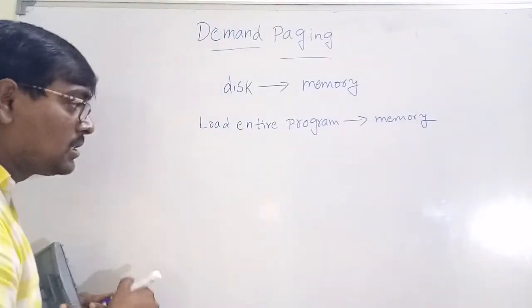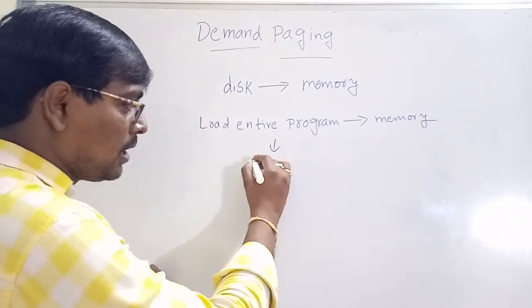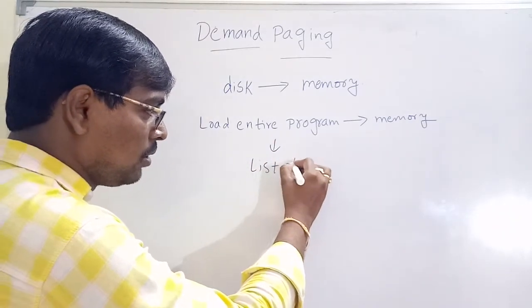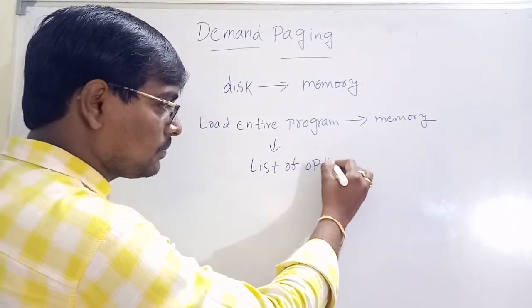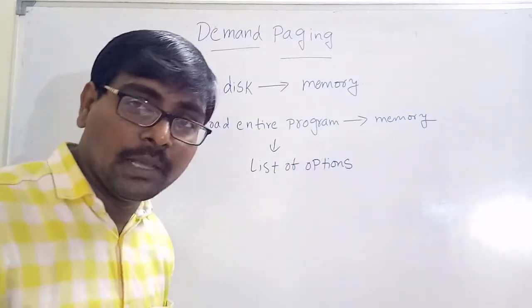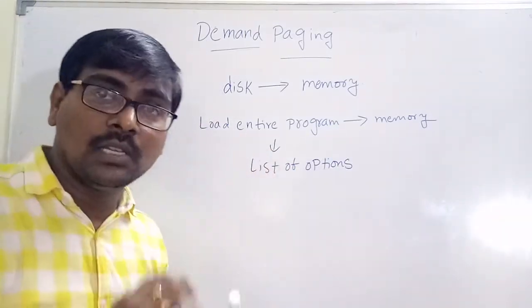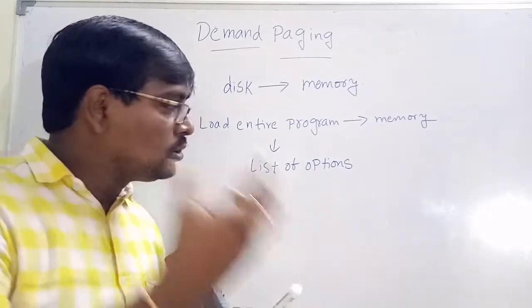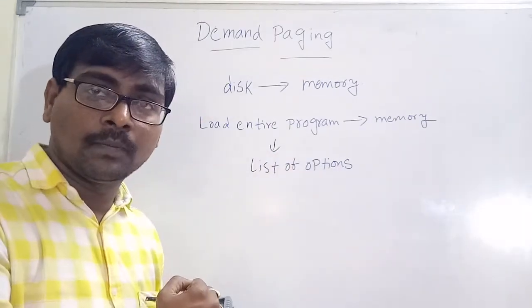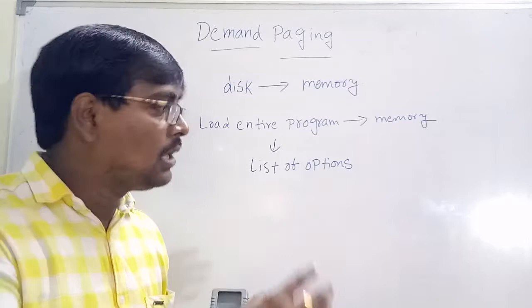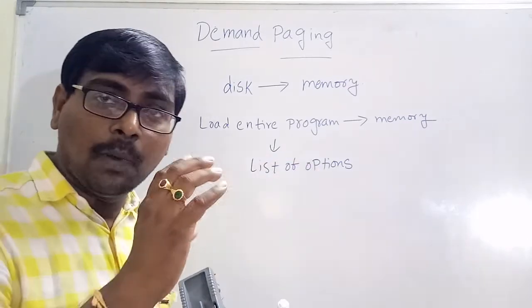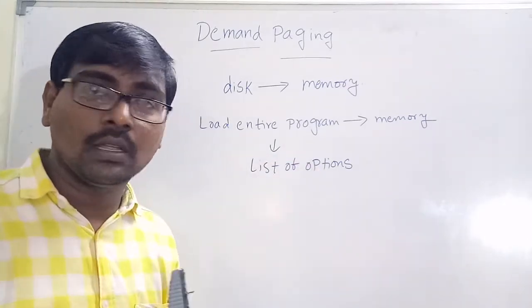Consider an example. Suppose a program has a list of options. The user has to select an option, and based on the option, only that part of the program is to be executed.